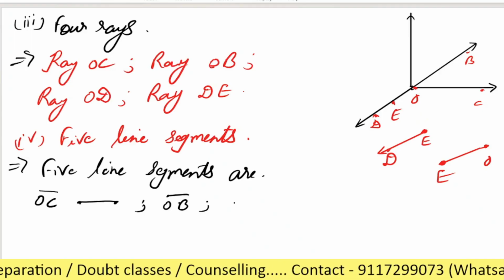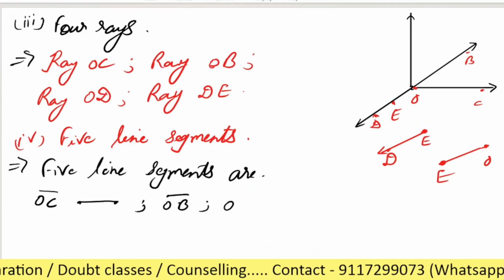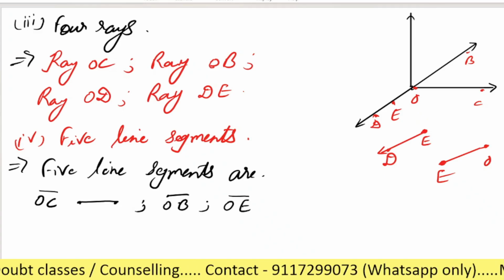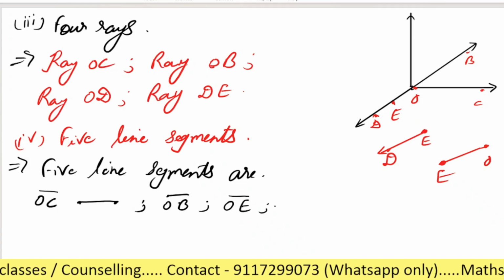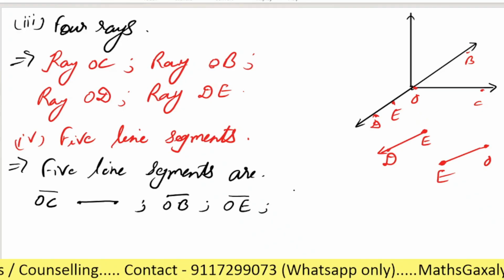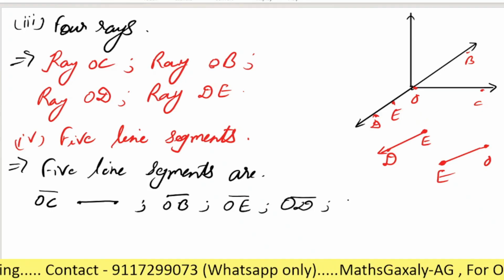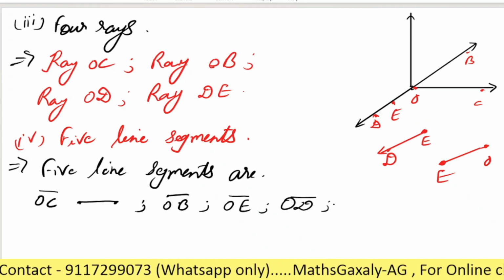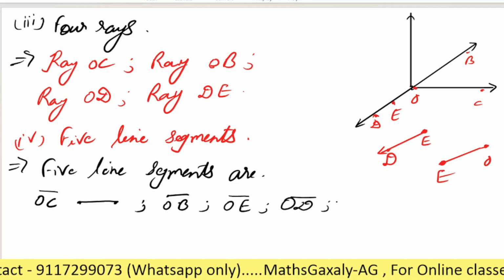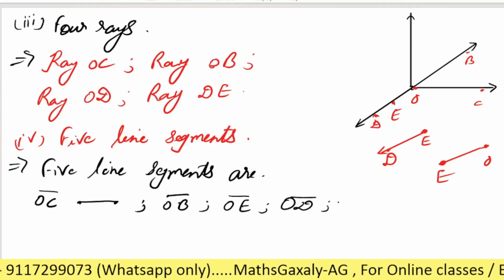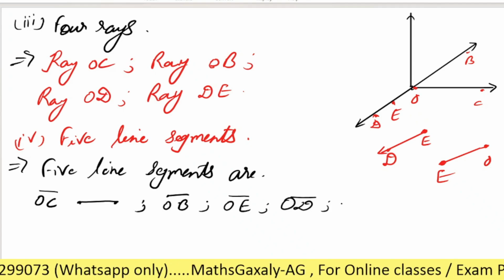Then what we can say, OE. OE will also be a line segment, right? And then we can write OD. We can write DB also, or EB, whatever.